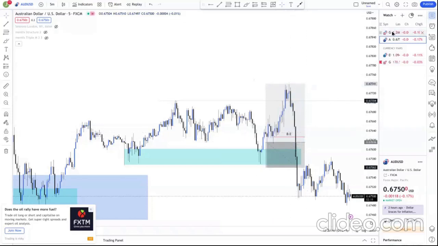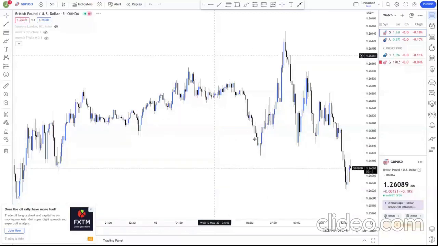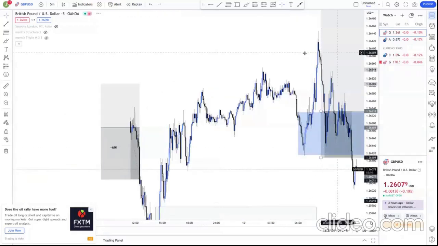And on GBP USD, I took a loss, my first loss of today. That is GBP USD. I took a trade from this zone, and as you can see, my SL has been triggered. So GBP USD is a loss.